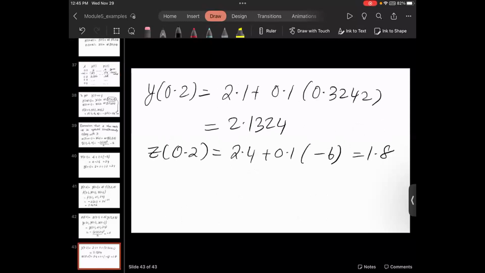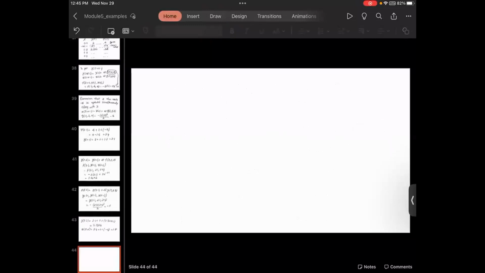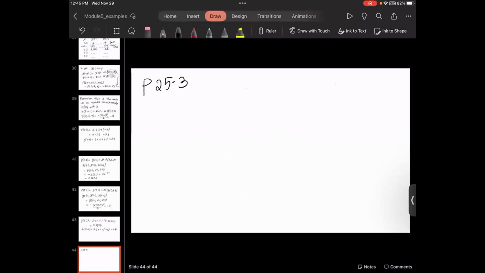I want to do one more example in the 15 minutes we do have, which involves something like a second order equation, so that we can illustrate that as well here. Problem 25.3. We are going to write d squared y over dt squared minus 0.5 t plus y equal to 0.